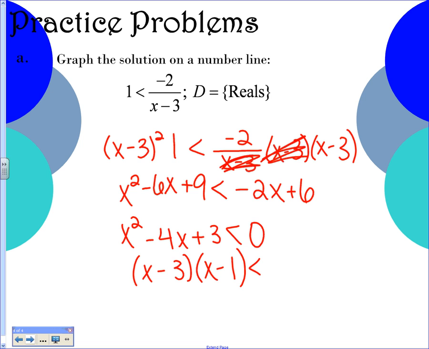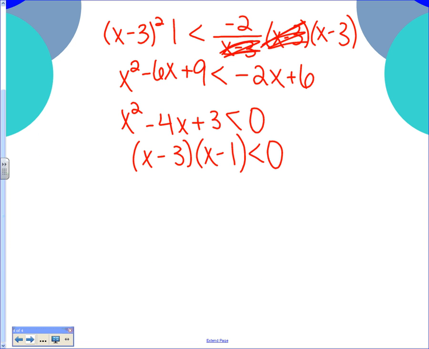All right, so negative, negative, positive, positive, or negative and a positive? Why? Wait, this is less than 0. It has to be a negative number. So negative, positive.